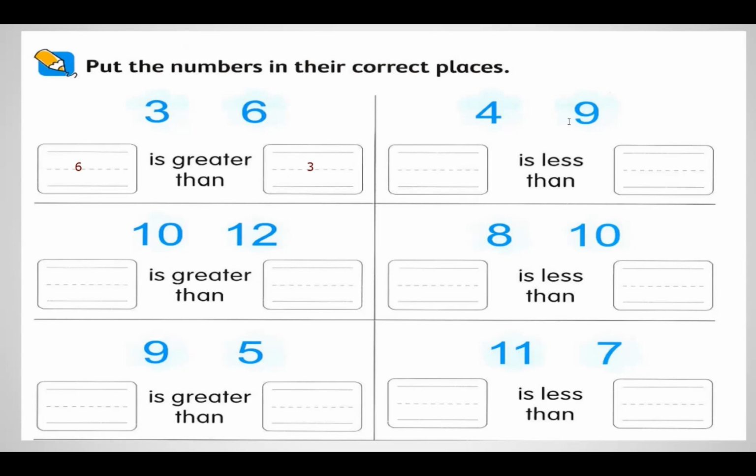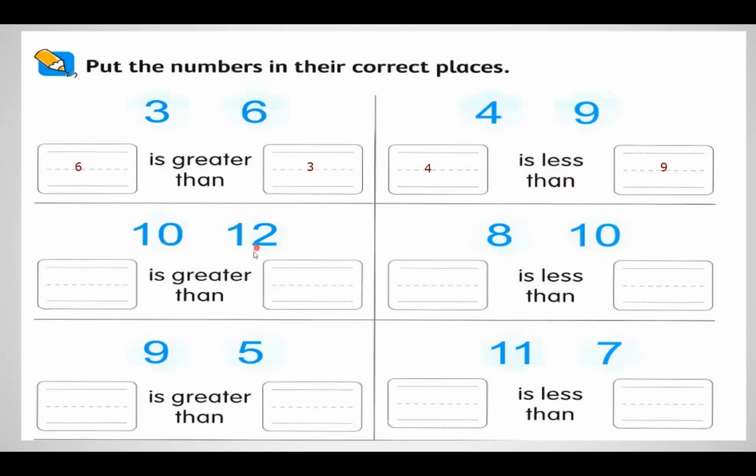Again, here we have 4 and 9, and this word is less than. We said less means smaller. So which is smaller, 4 or 9? Yes, of course 4, so put 4 first, and the other number will be here. Now let's read. 4 is less than 9. 4 is smaller than 9.